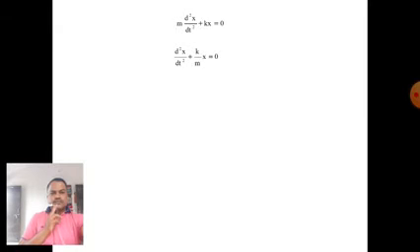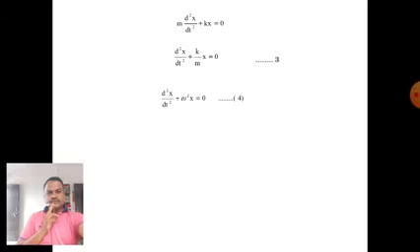In the next step we divide by m, so the equation arises d2x upon dt square plus k upon m into x is equal to 0. We divide by m on both sides, and on the right side 0 upon m remains 0. We call this equation third.